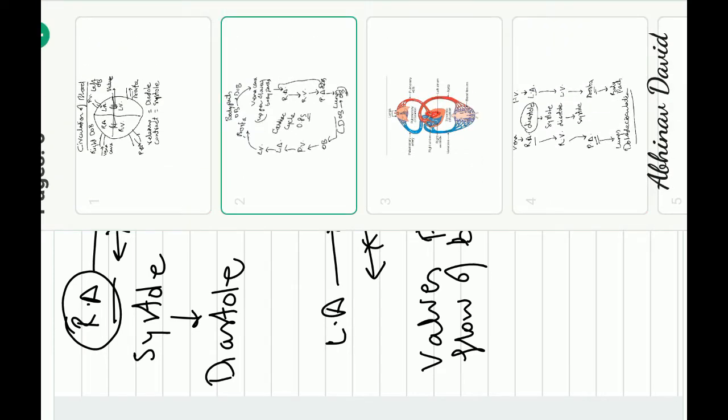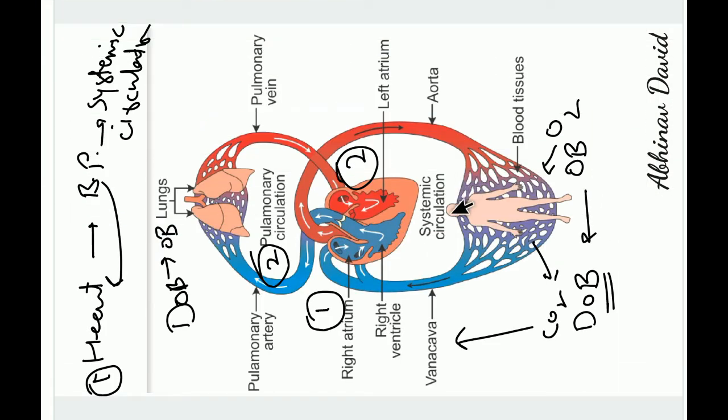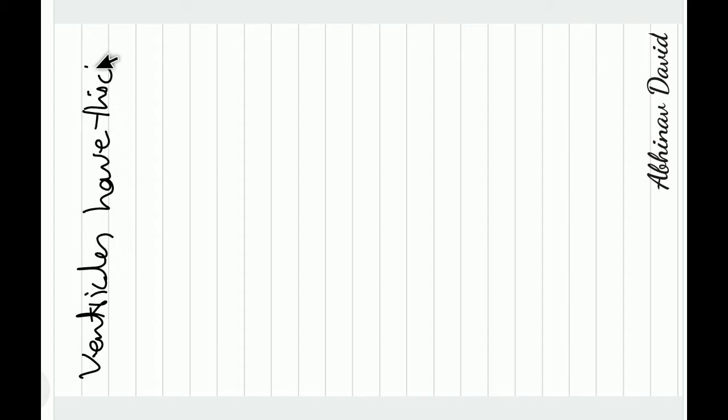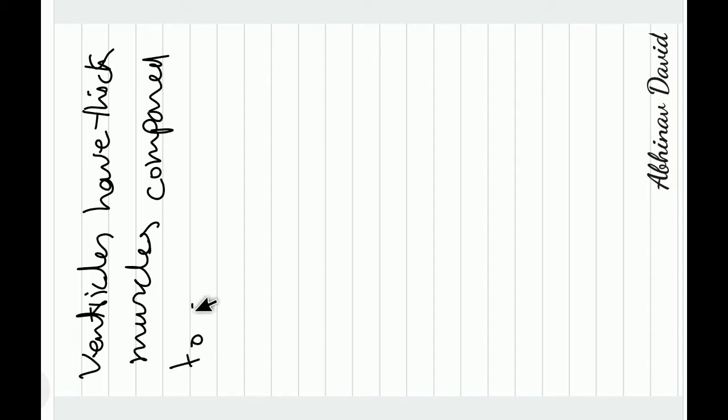Now as you can see from this diagram, the ventricles have thick muscles and the auricles have thinner muscles. Why is it like that?